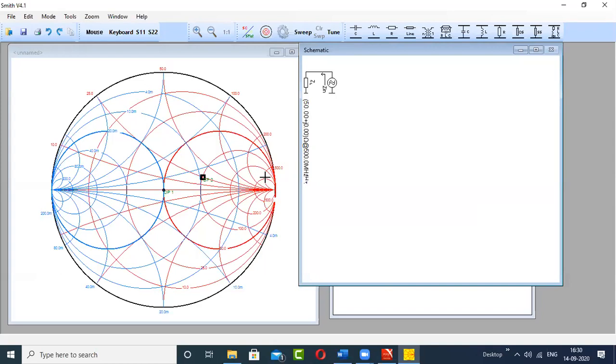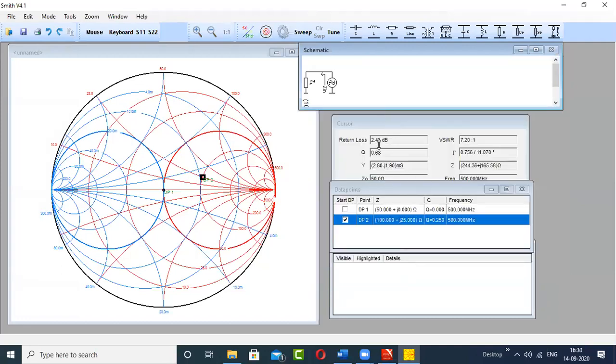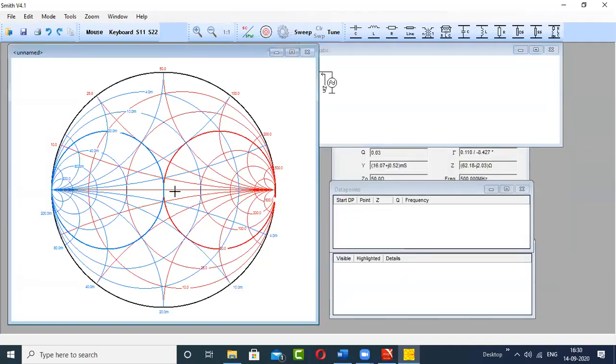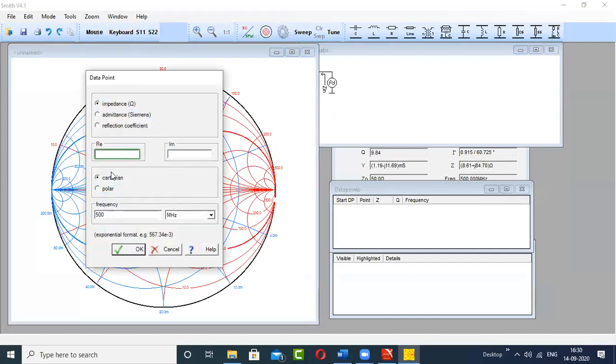Okay, so this time our goal is what? To convert this. I will feed it once again because the load has got assigned with the impedance of 50 ohm. That should not happen. Whichever information we feed first as an impedance goes to the load.